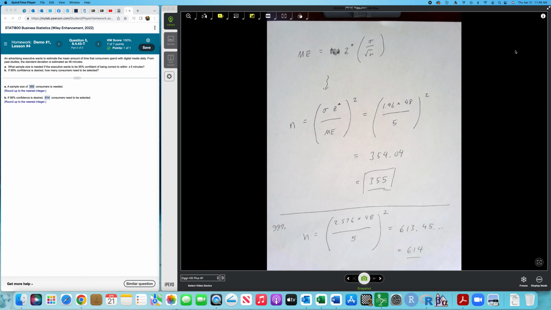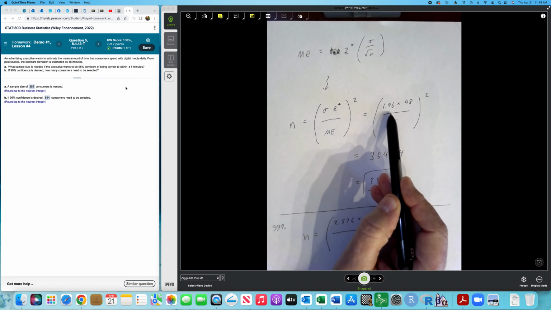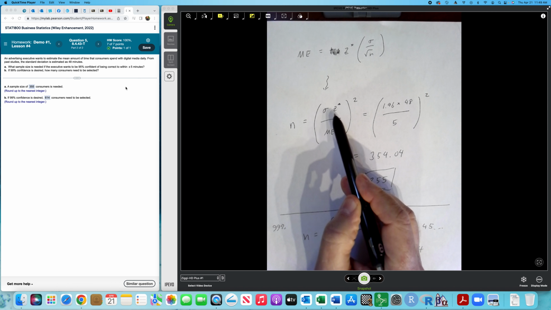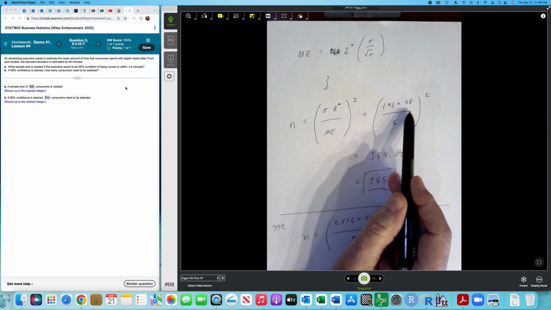All right, so we have to fill in the parts. We are being asked to calculate a 95% confidence interval, so for reasons I've discussed in previous videos, the z critical will be 1.96. I've got these reversed. This is the z critical, multiplied times the population standard deviation, which is 48.